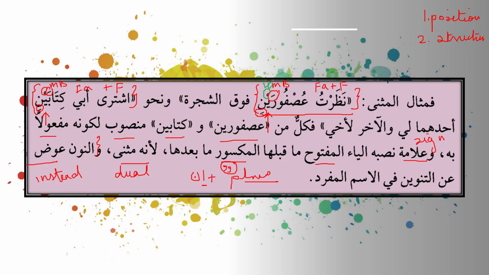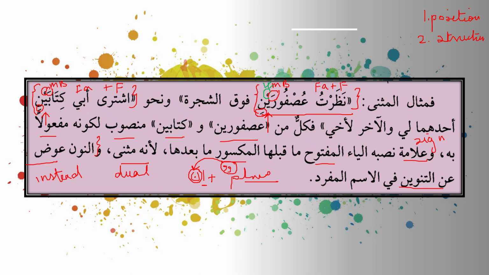So what is the special letter here telling you that this is in muthanna case? Alif. The special letter alif shows this is a dual case. But what about the tanween? This tanween is represented by the noon in the dual case. That is called noon awad an it-tanween.